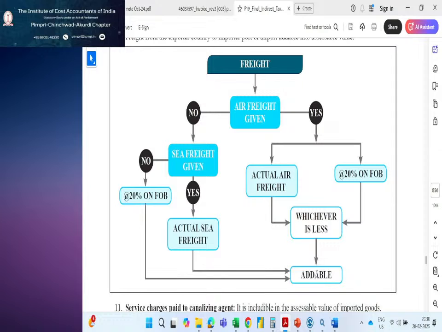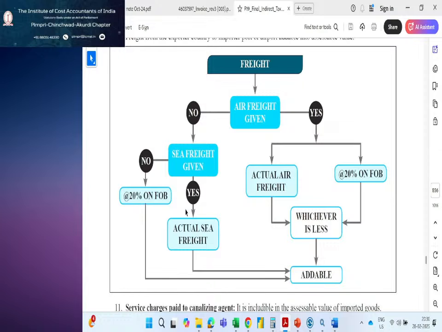Second thing, if not through air freight, what is the other mode? Sea mode. If we are going to send the shipment through sea, then we should see the actual sea freight. If the sea freight is given, you need to directly take the actual sea freight.